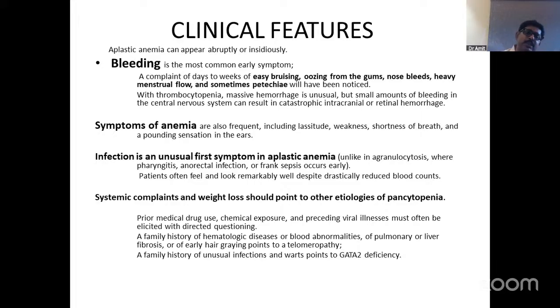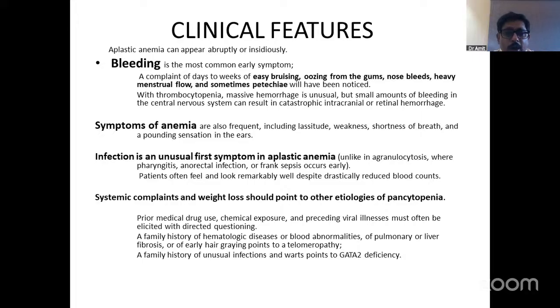Infection is usually an unusual first symptom in aplastic anemia, which can be clinically differentiated from agranulocytosis, where infection is the earliest presentation. So pancytopenia or aplastic anemia rarely presents with infection as the first symptom.